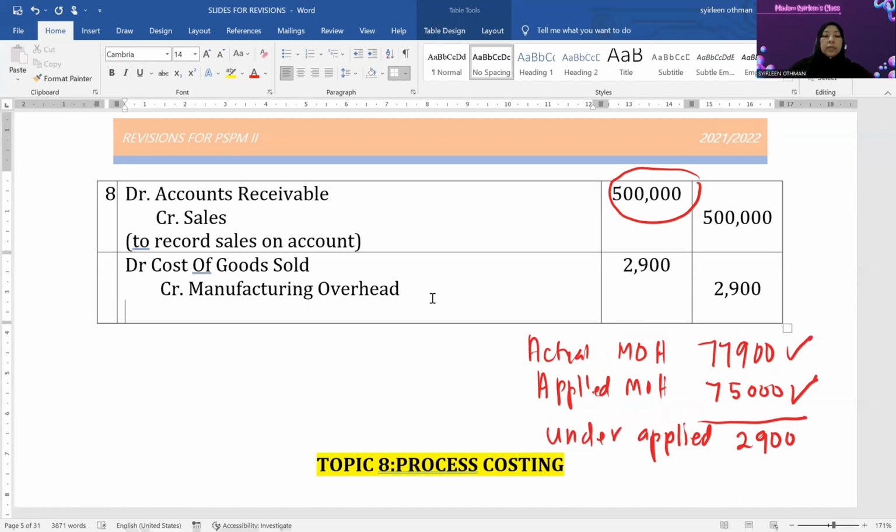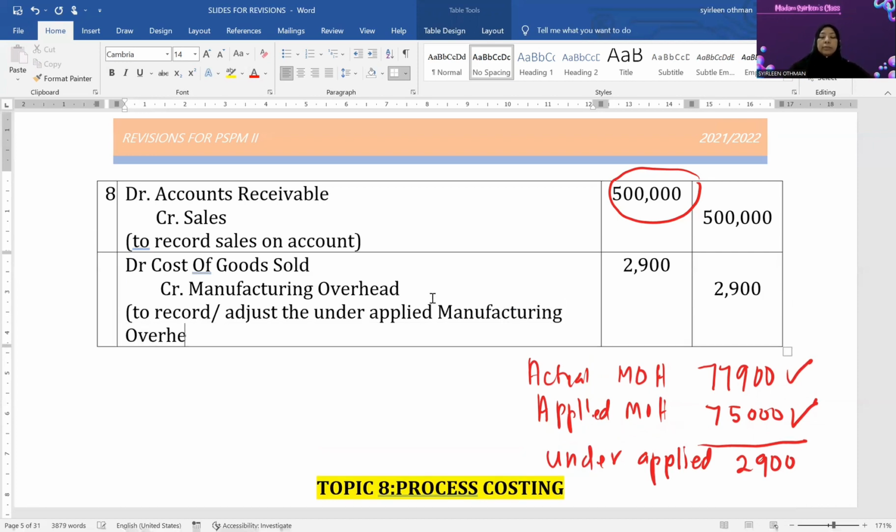We are actually to record, or you can also use to adjust the under applied manufacturing overhead. Okay, so that will sum up all the answers for topic 7.